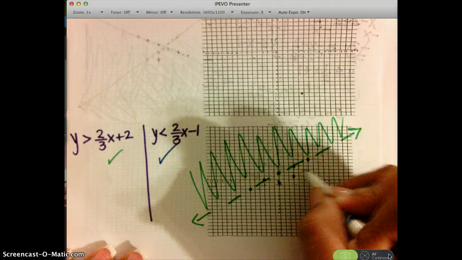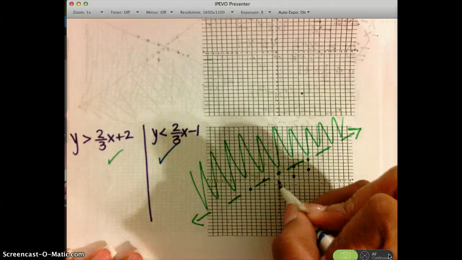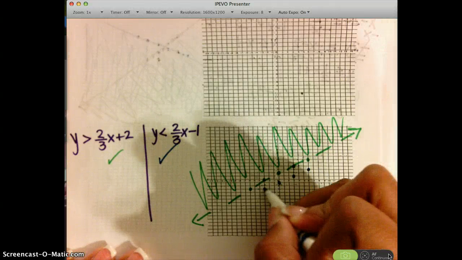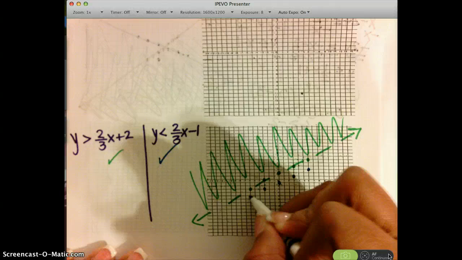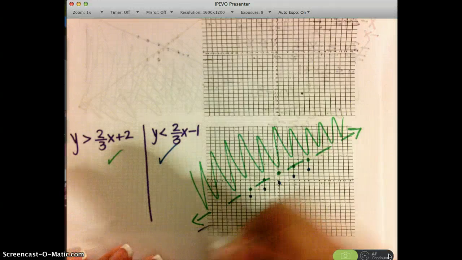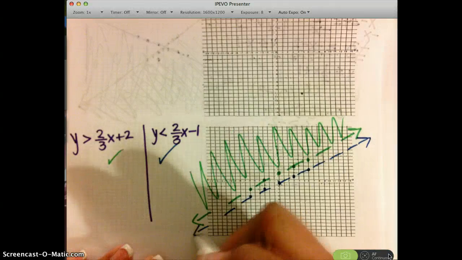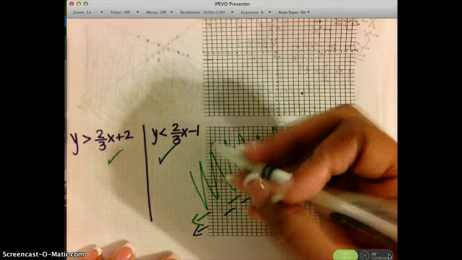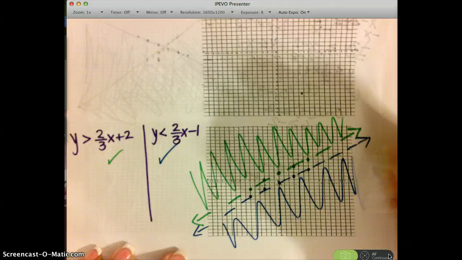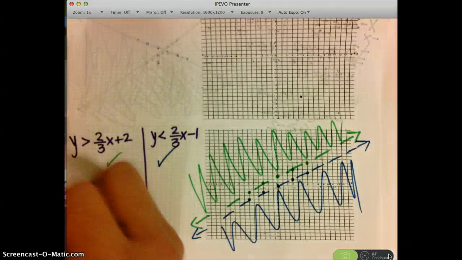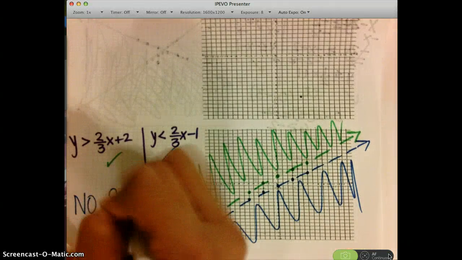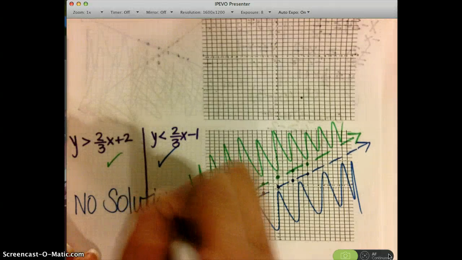Down 2, left 3. I'm going to use another dashed line. This one is less than. I'm going to shade below. There's no intersection. Therefore, there's no solution.